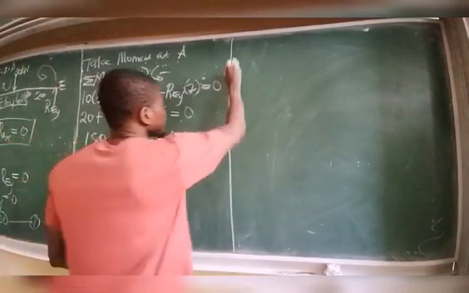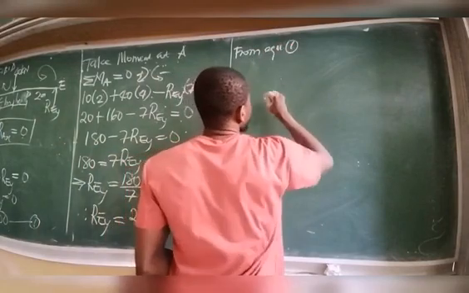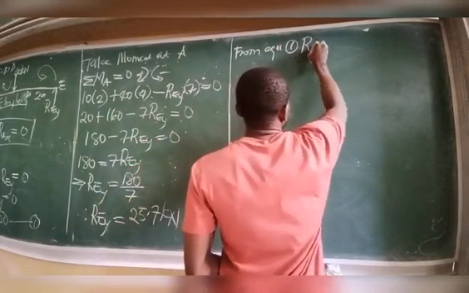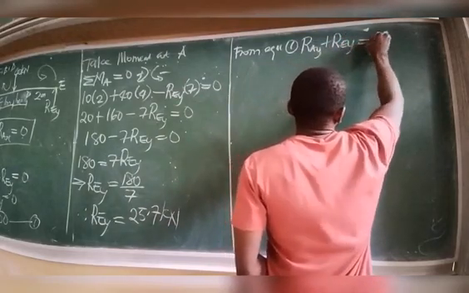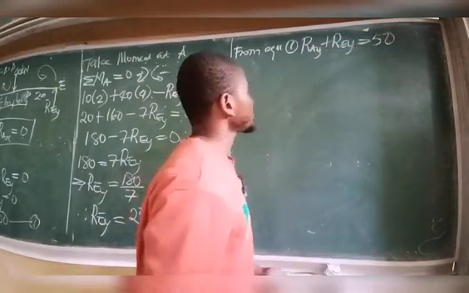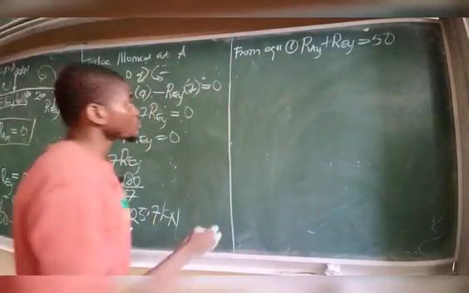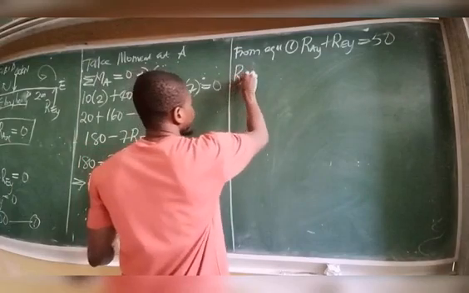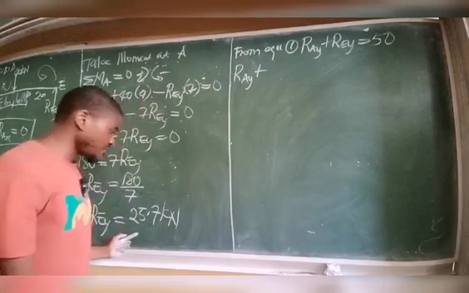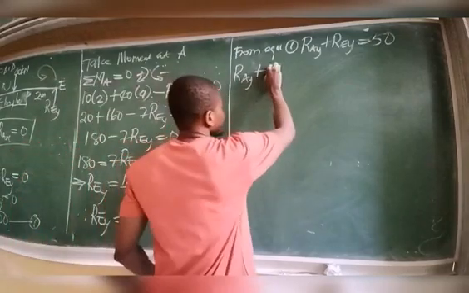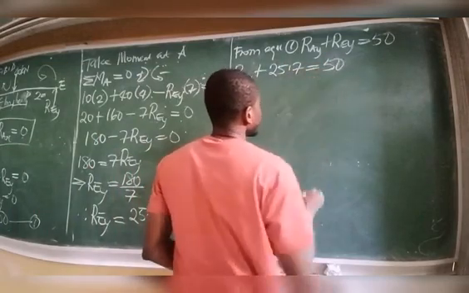So from equation 1, we have RAY plus REY equals 50. We already know the value of REY now. REY gave us 25.7. So this simply means RAY plus, in place of REY here, we replace it with 25.7, and that's equal to 50.